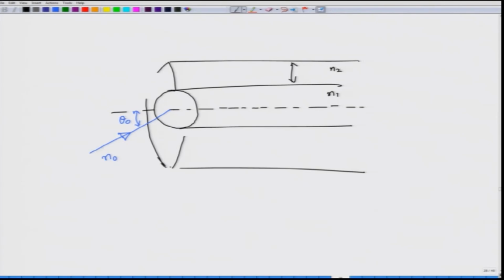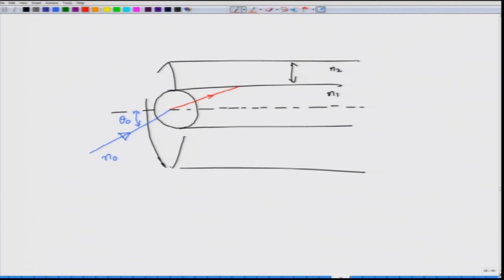Now, what happens when this ray of light is incident at this angle theta 0? Clearly, Snell's law will tell me that there will be a refraction into the medium. So, there will be some amount which is refracted. Of course, there will be some amount which is reflected, but we do not really worry about that reflected part. So, what we are concerned with is the amount of light or the ray of light that is refracted into the cladding now.